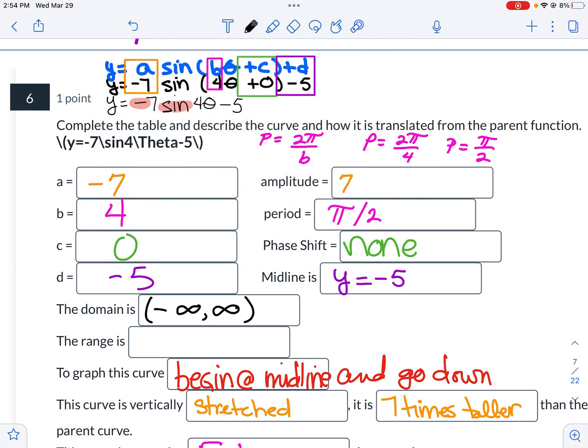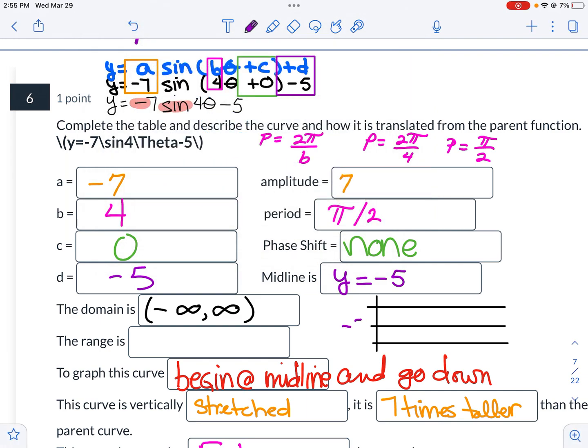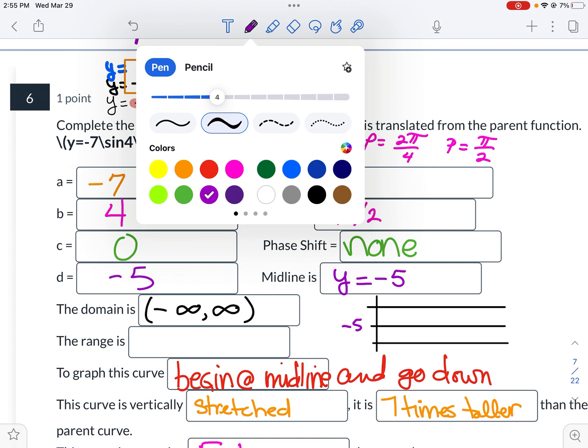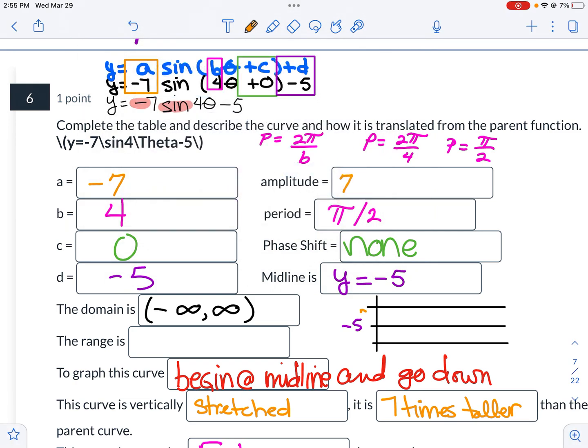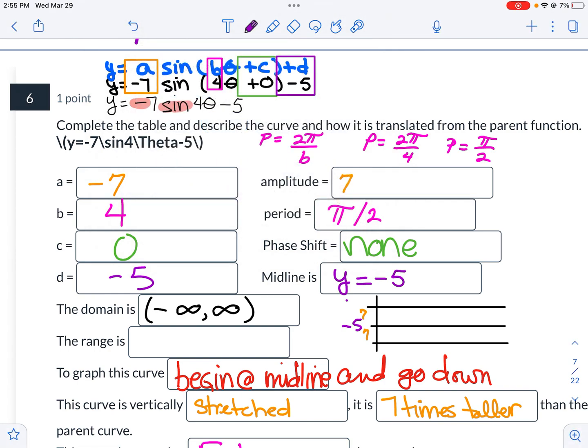That's the highest point on the graph, that's the midline of the graph, that is the lowest part of the graph, that is the y-axis. The midline is -5, the distance is 7. -5 plus 7 is 2, -5 minus 7 is -12.